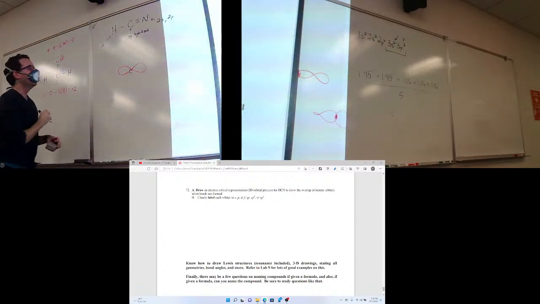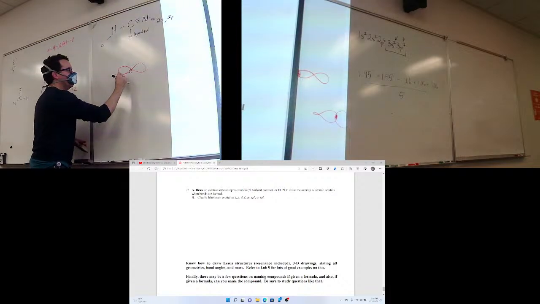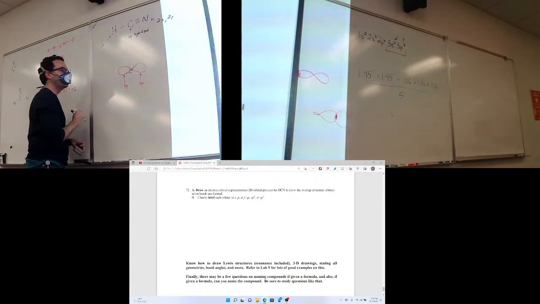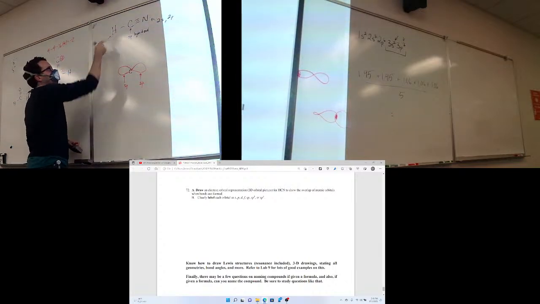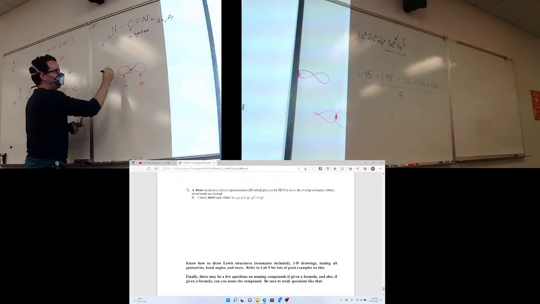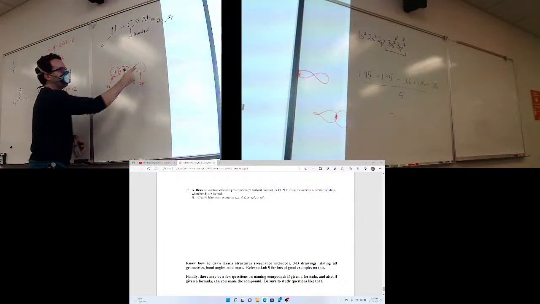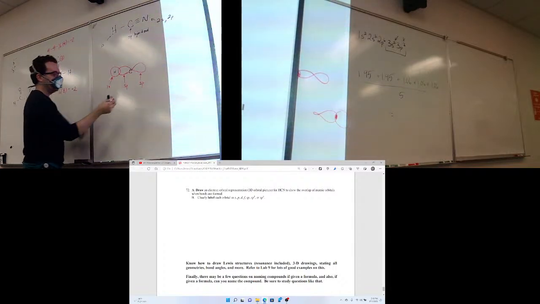Still not great. So label everything. sp, that's an sp orbital. There's two different ones. This one is pointing to the hydrogen. We've got a hydrogen over here, and all the hydrogen has is an s orbital, a 1s orbital. On this side, we've got our nitrogen.